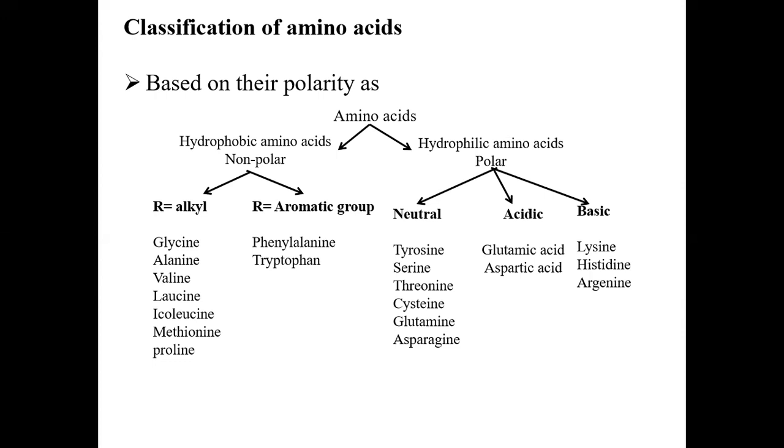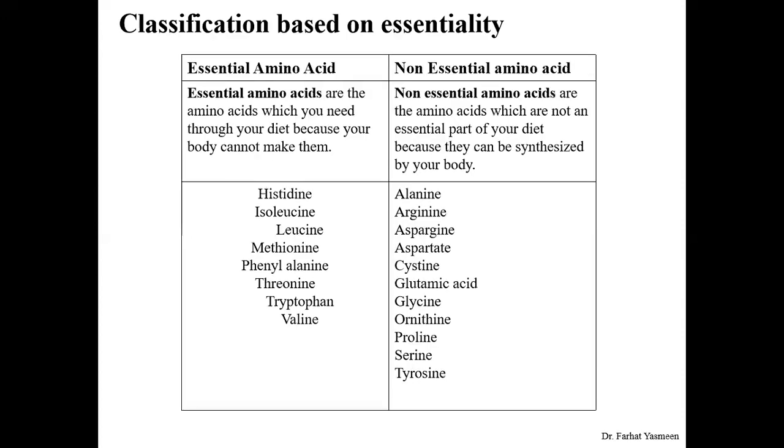If the R group is neutral, then it includes tyrosine, serine, threonine, cysteine, and glutamine. If it's acidic, then it could be glutamic acid or aspartic acid, and if it's basic, then it could be lysine, histidine, and arginine.